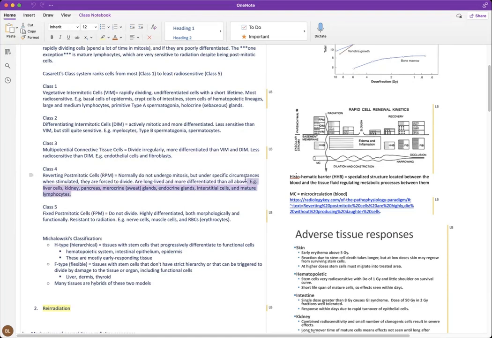And these include these kinds of cells: liver, kidney, pancreas, sweat glands, endocrine glands, interstitial cells, and mature lymphocytes. And then class 5, least radiosensitive, these are called fixed postmitotic cells. They don't divide, they're highly differentiated and resistant to radiation. So you guessed it, nerve cells, muscle cells, and RBCs.